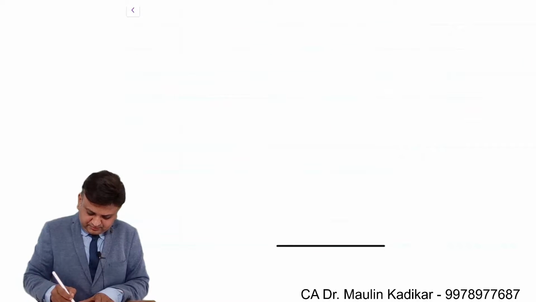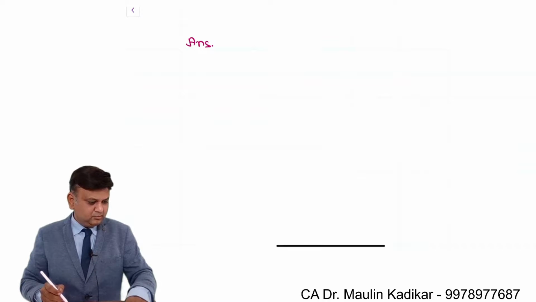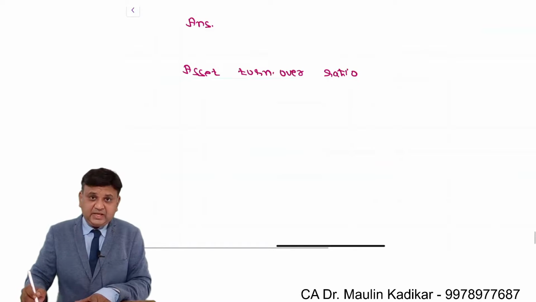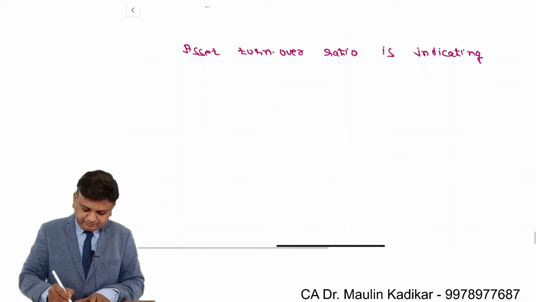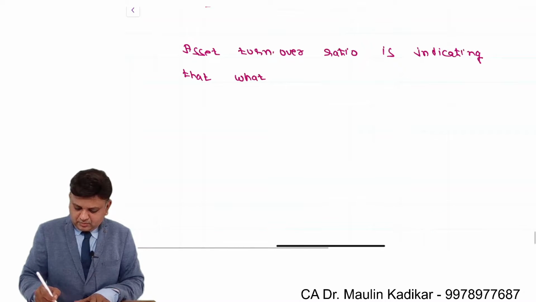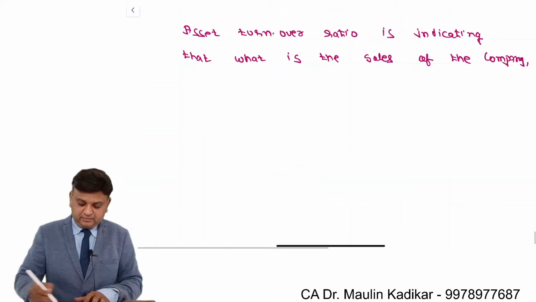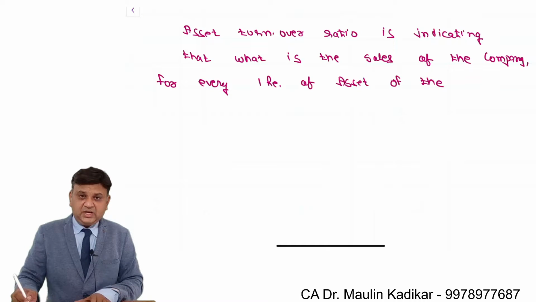I request you to write down the answer of the question. In that write down: asset turnover ratio is indicating what is the sales of the company, comma, for every 1 rupee of asset of the company.